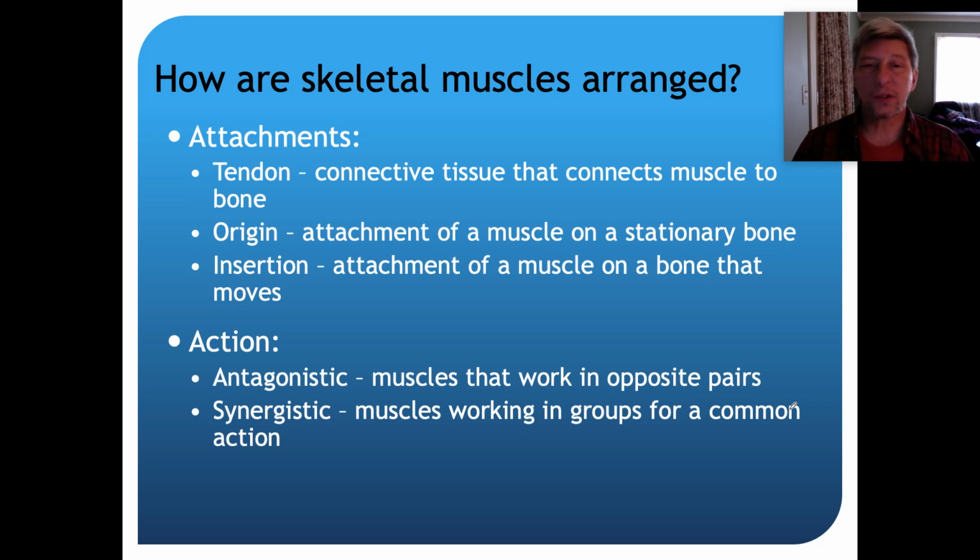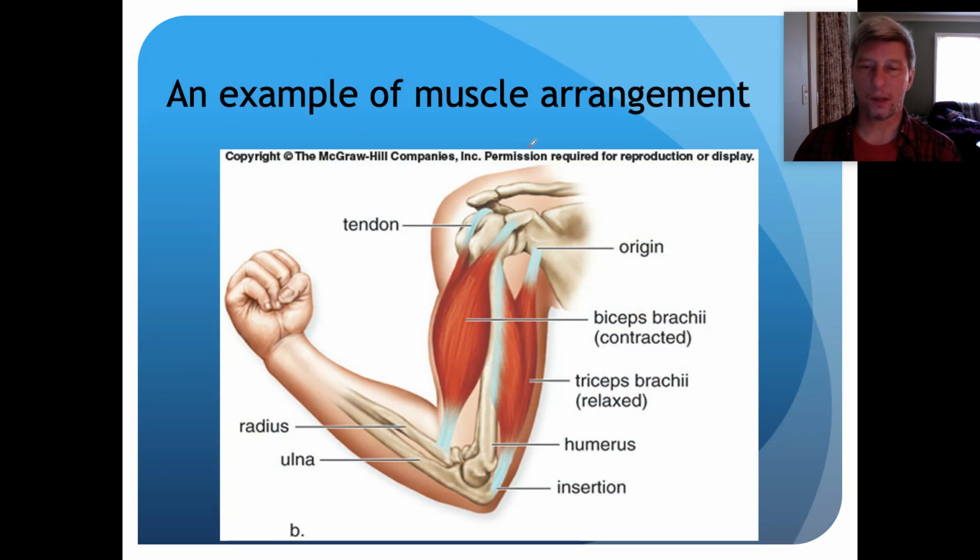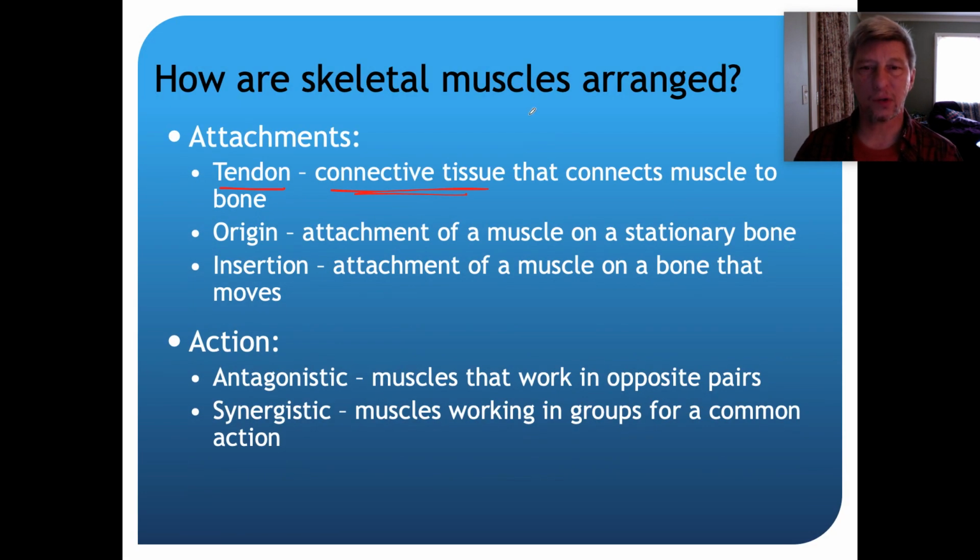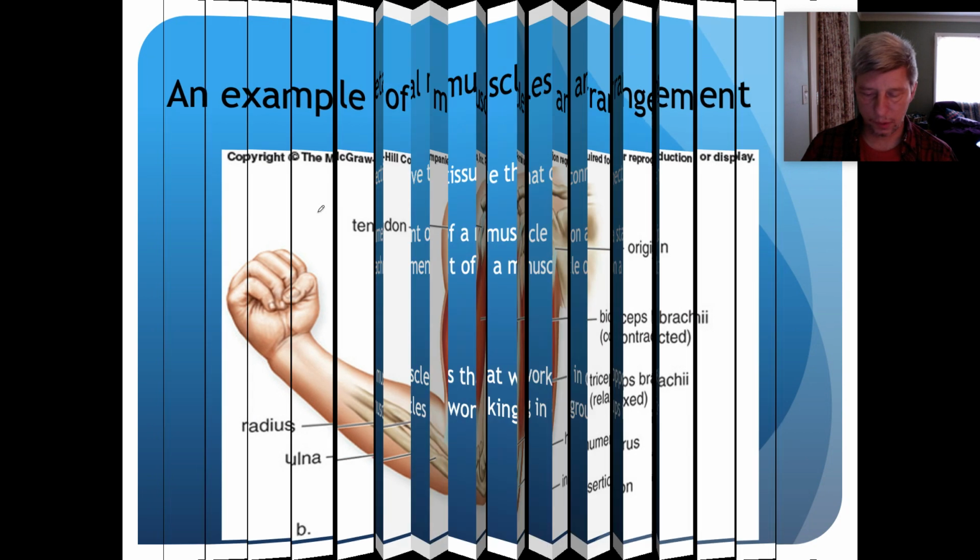Skeletal muscles are arranged in a couple of different fashions. First, the one thing I want to stress is that tendons are a little bit different than muscles. They are connective tissue. They connect muscle to bone. If you've ever eaten a chicken wing, I'm going to try to draw a chicken wing. Here's the chicken part, here's the bone sticking out of the chicken wing, and here's the meat there.